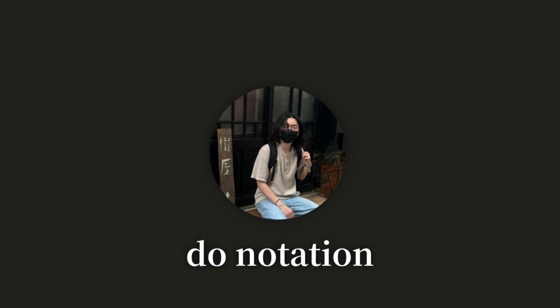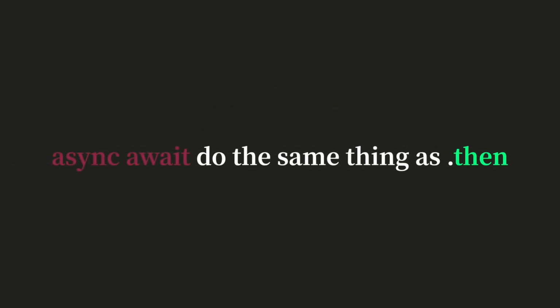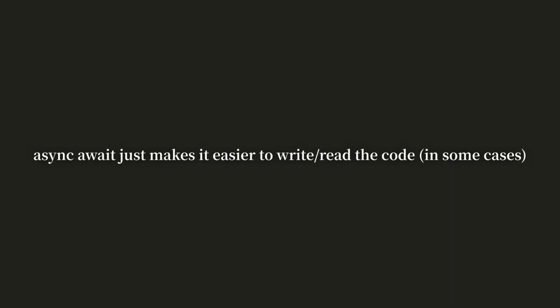Now I want to introduce a commonly used construct in functional programming, do notation. As you may already know, async await is just syntactic sugar for .then. Essentially, they accomplish the same thing. The async await syntax just makes the code more intuitive in certain cases. This raises an interesting question.